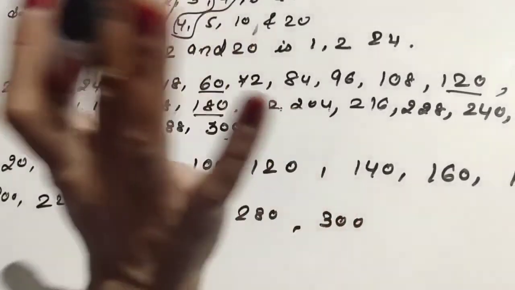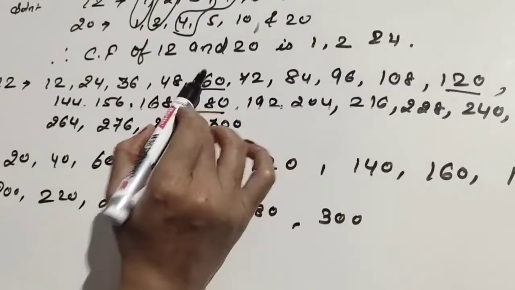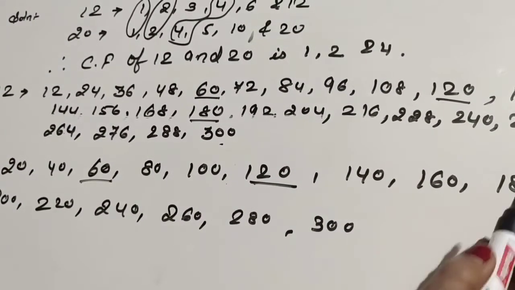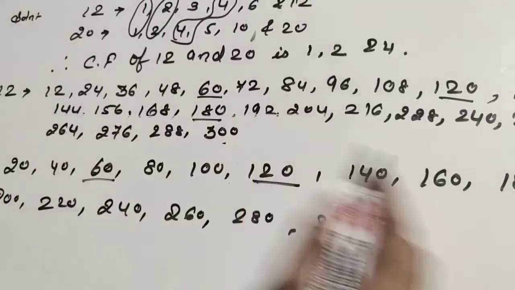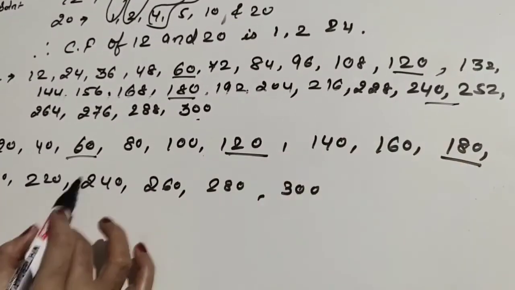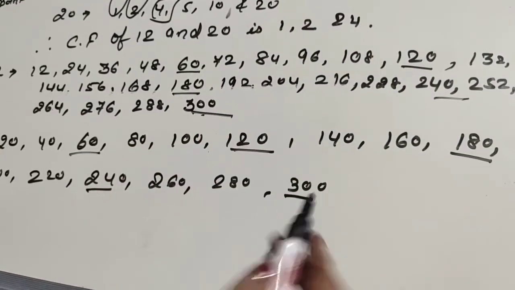Now we will find 5 common multiples. So 60 is common, 120, then 180, then 240, and 300.